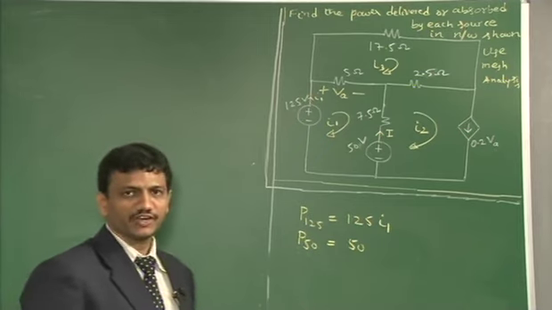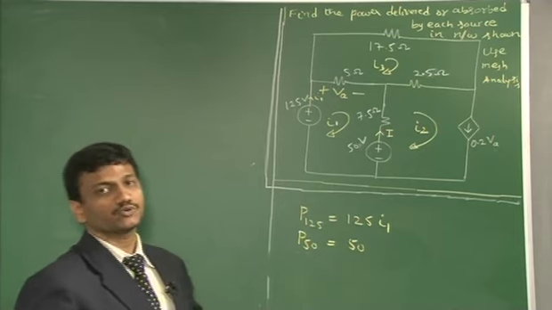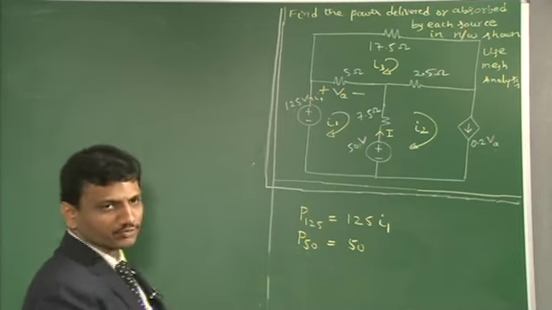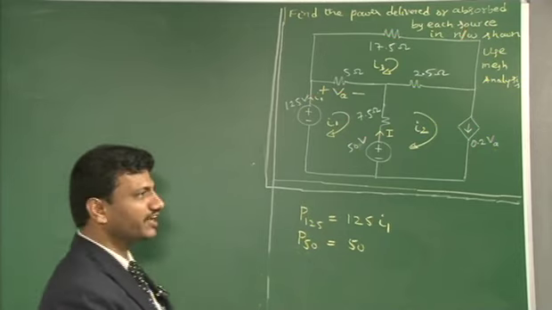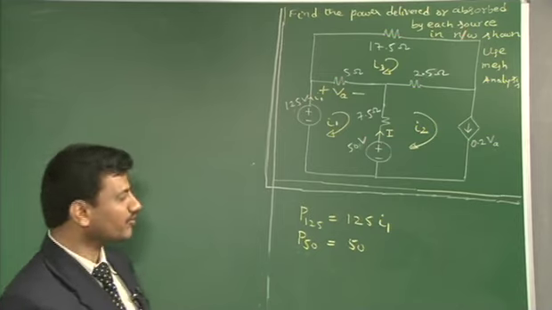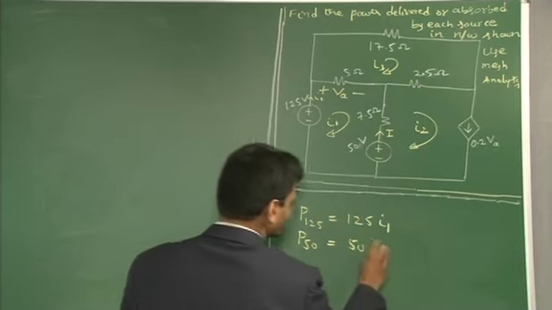If the power delivered value turns out to be negative, it only indicates that it is absorbing the power. So first we assume that they are all delivering the power, and if we find it to be negative, we interpret that as power absorbed. So it is 50 into that particular current which comes out of the positive polarity, that is I.